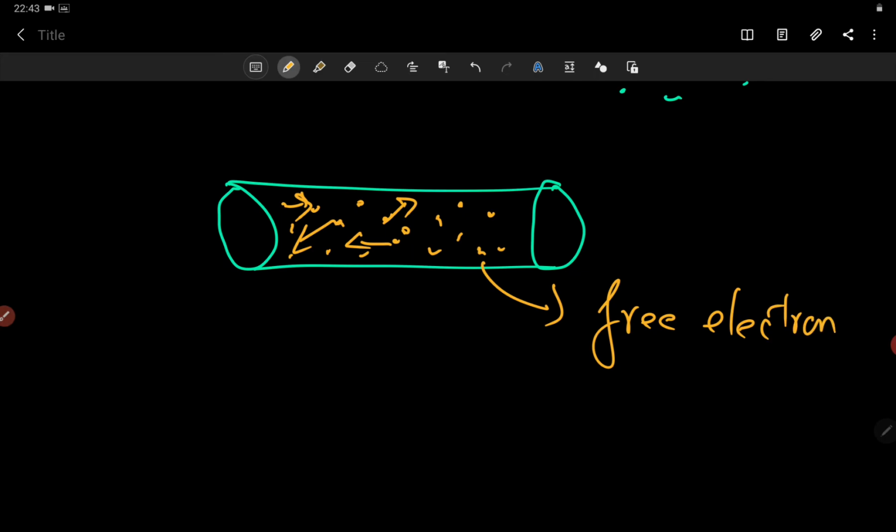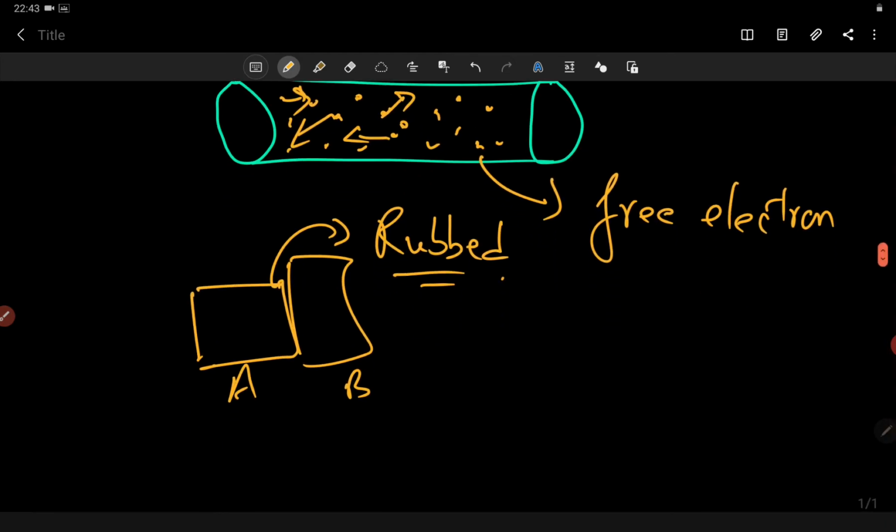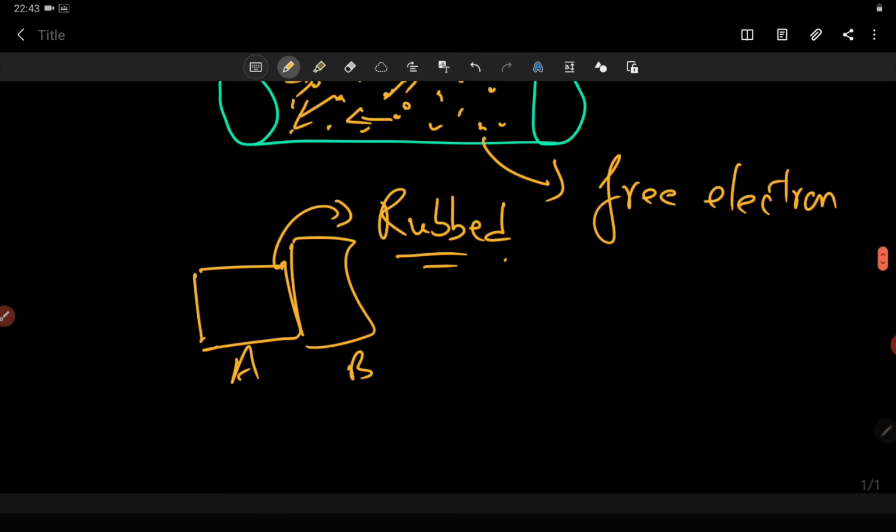Now suppose two bodies, body A and body B, are rubbed together. There might be a chance that A is losing electrons to B or B is losing electrons to A, depending upon their number of free electrons.